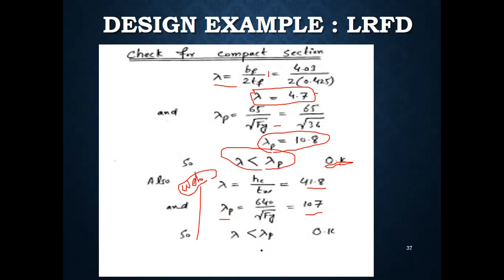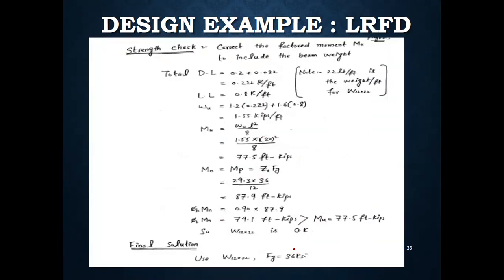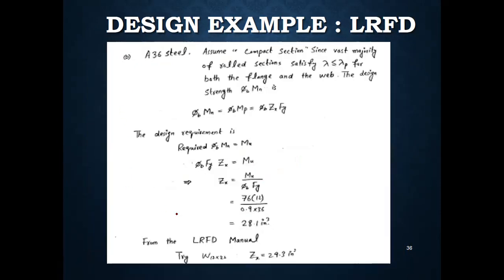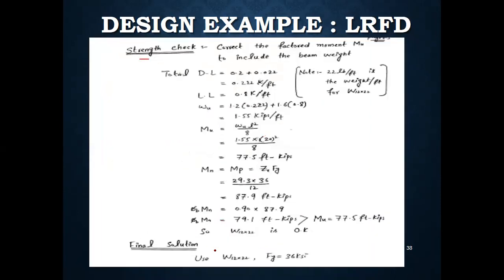This criteria is again satisfied, so both criteria are satisfied. Once the criteria are satisfied, we are going to check the strength of the section that we have selected, that is W12 by 22, to see whether this section can sustain the loading that is applied on the structure.